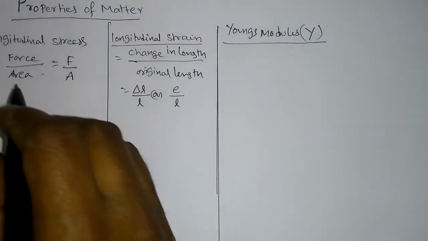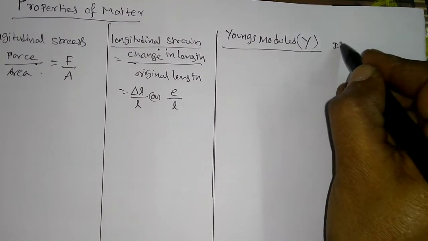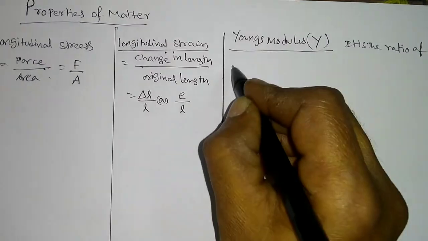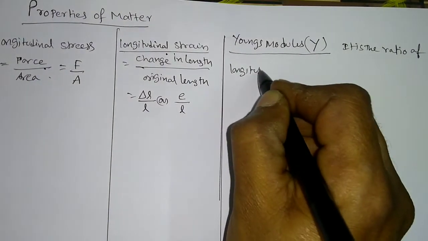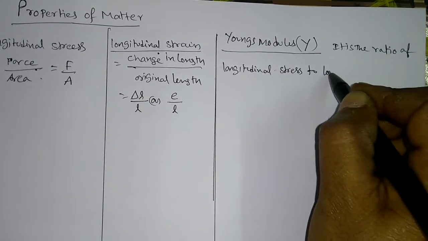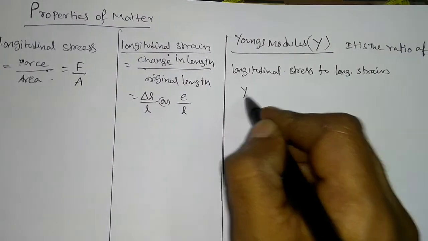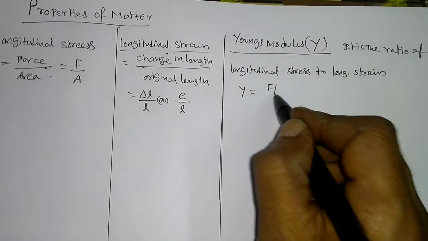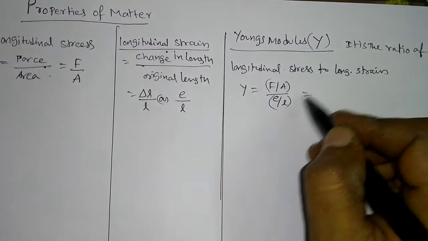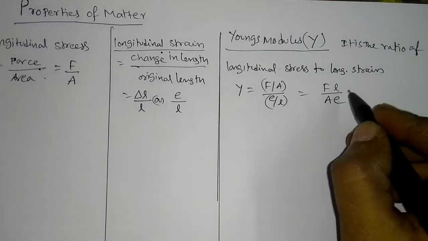It is the ratio of longitudinal stress to longitudinal strain. The mathematical part is important. Mathematically you can say (F by A) by (l by L), which gives FL by A l. This is a general formula.